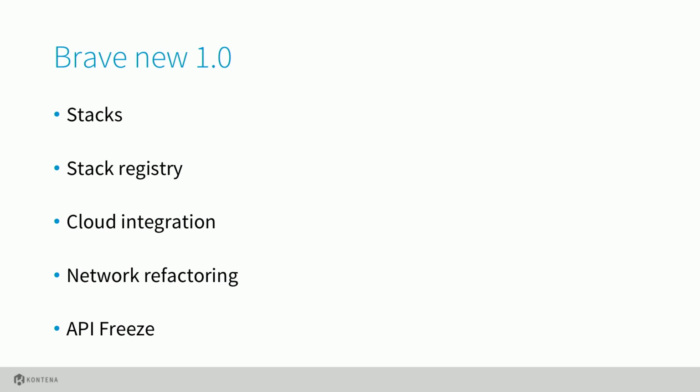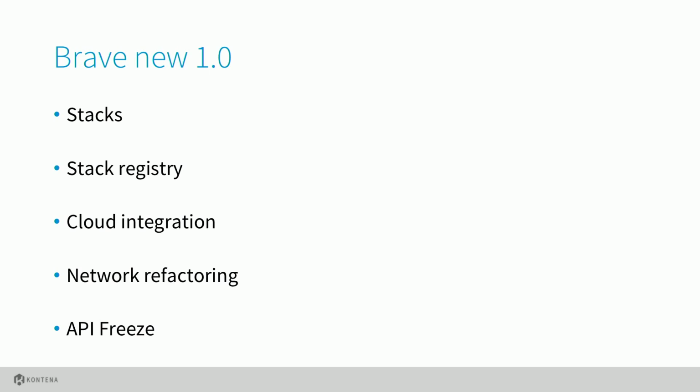So stack is basically something that kind of replaces the Kontena app commands on the CLI and moves the app concept into the server side and then manages the state of the stack, which is basically any number of services, on the server side. We've also introduced a publicly served stack registry, so you can easily now share your stack definitions.